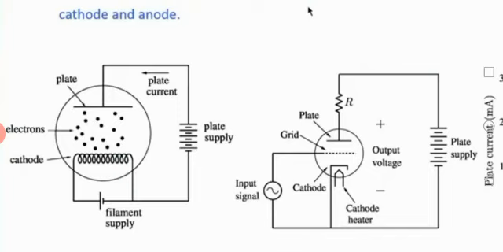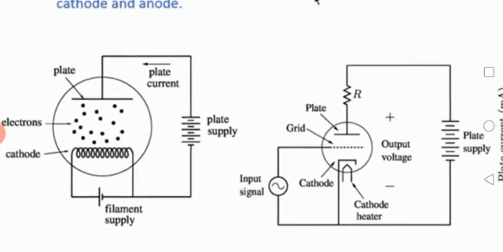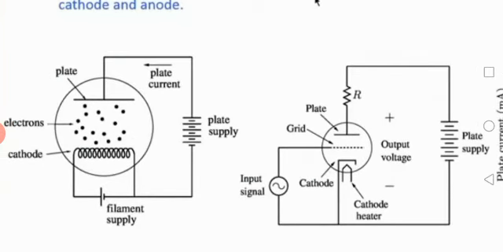And the cathode is a filament which emits the electrons, and this is due to the effect which is called the thermionic emission. The thermionic emission is the emission of electrons from a heated source.